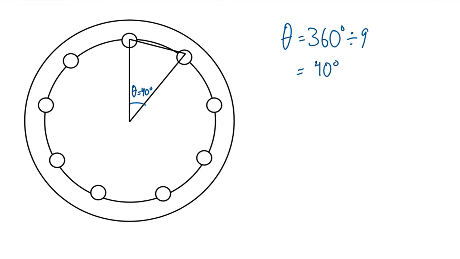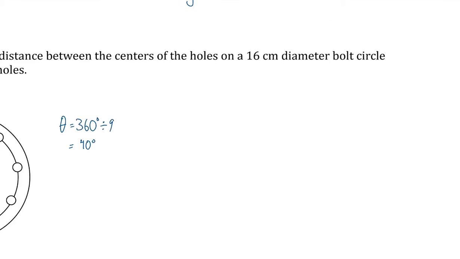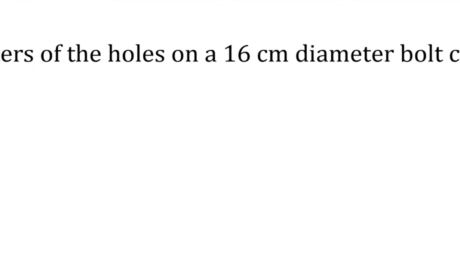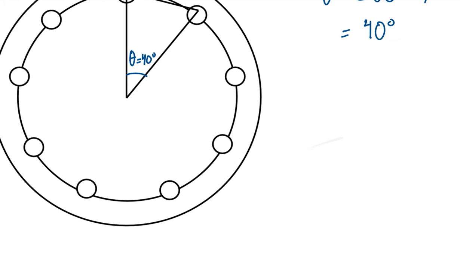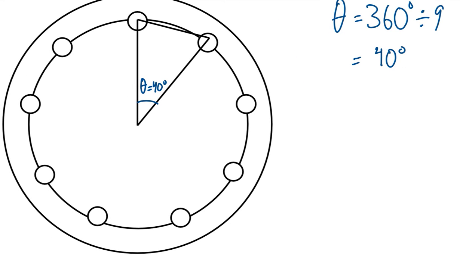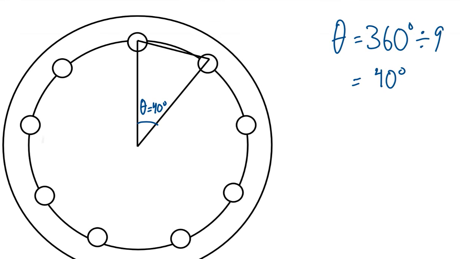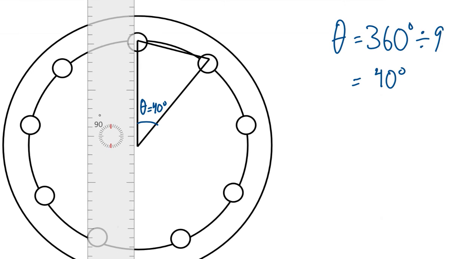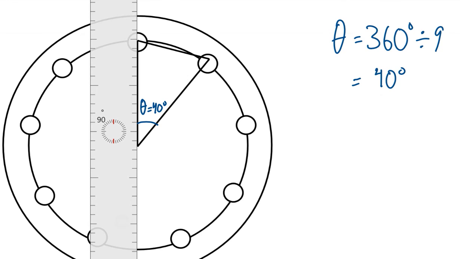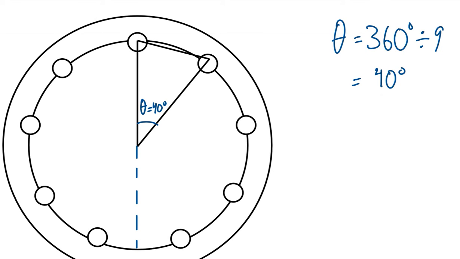The next part is where it gives us the diameter. Now, diameter, you have to think about what that means. Diameter means, sorry, I'm trying to bring out the ruler here, the distance all the way across a circle, right?